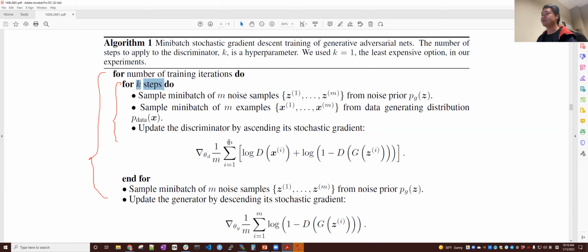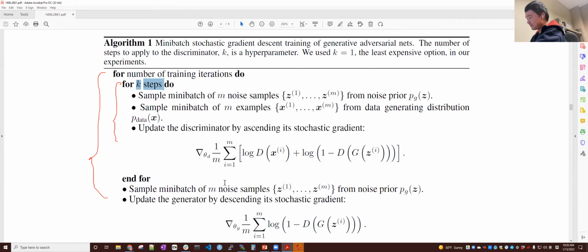So you train your discriminator once, then you train your generator, and again you train your discriminator and your generator, again and again, and they will both become better and better. So that's pretty much about GAN.